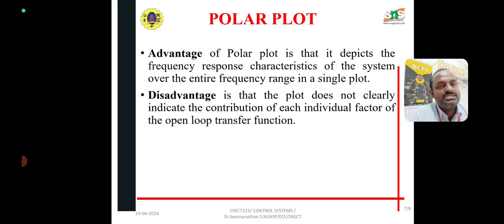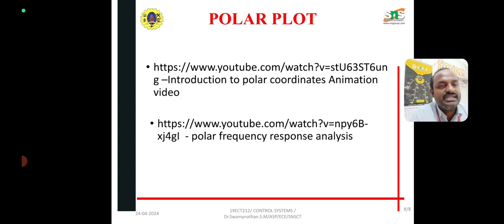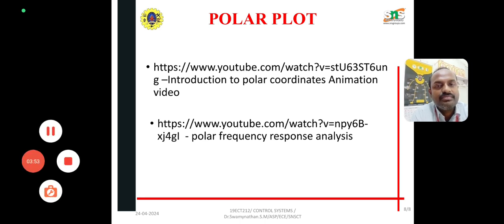The advantage of the polar plot is that it depicts the frequency response characteristics of the system over the entire frequency range in a single plot. The disadvantage is that the plot does not clearly indicate the contribution of each individual factor of the open loop transfer function, OLTF. These are the advantages and disadvantages of the polar plot.